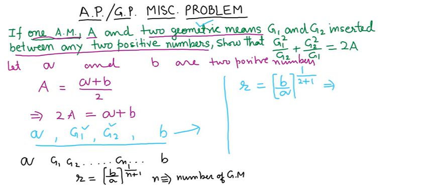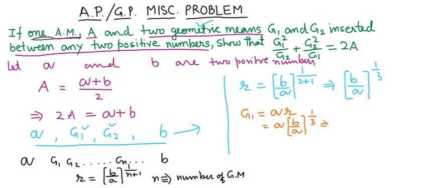That is, r will equal (b by a) raised to the power 1 upon 3. So G1 will equal ar. Here a is a, r is (b by a) raised to the power 1 by 3.